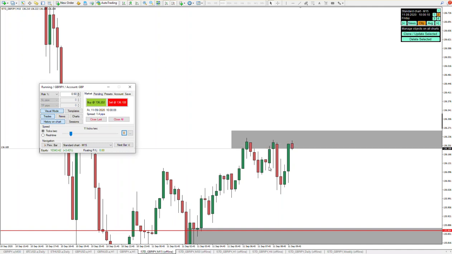We get the wick down. Let's see if we can respect the low of this candle. We are still in the first minute of the new bar. Look at that, what a rejection.